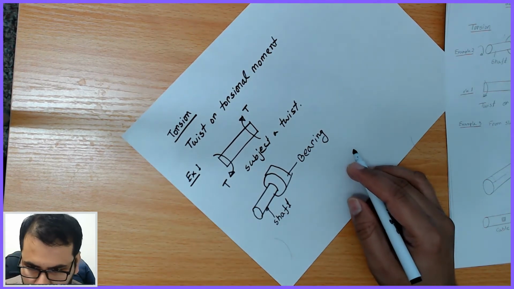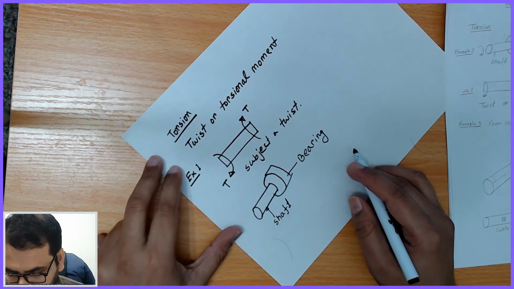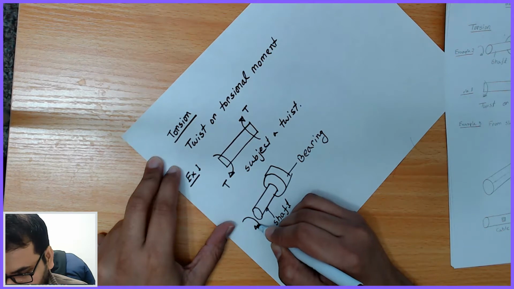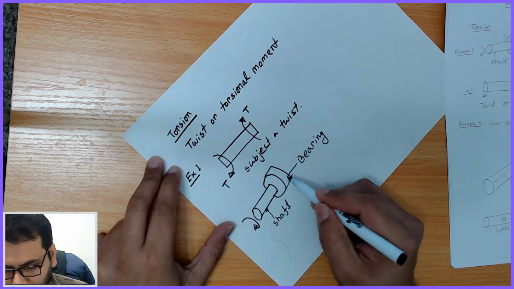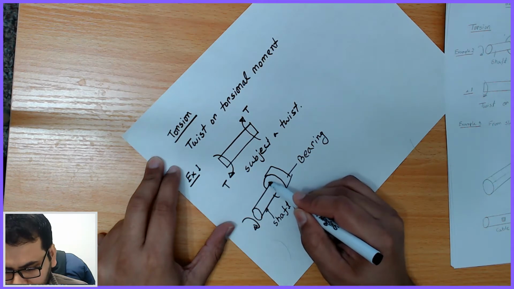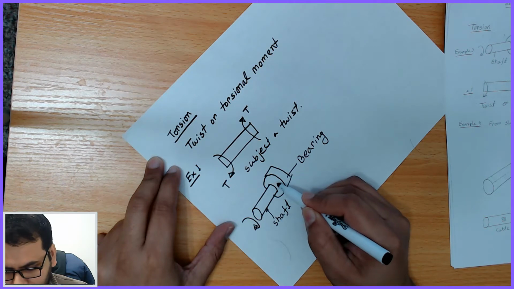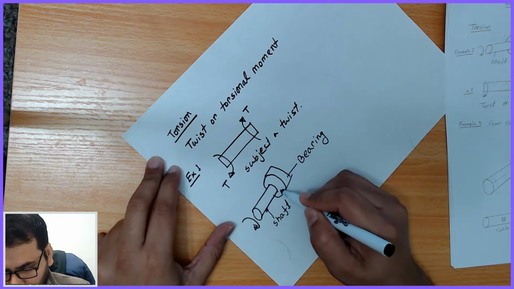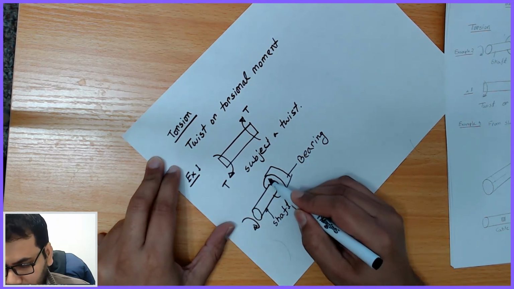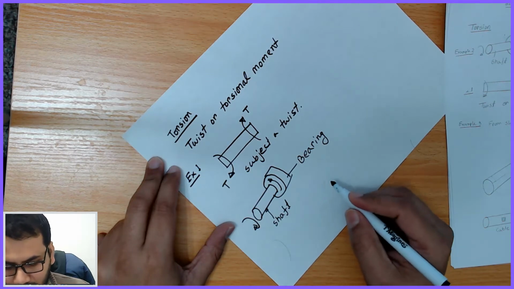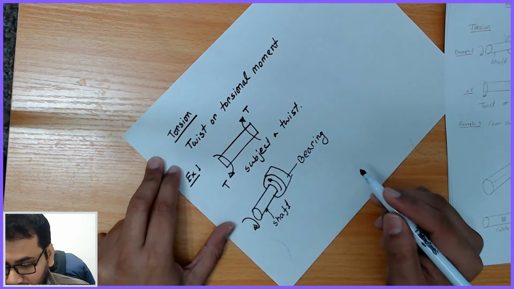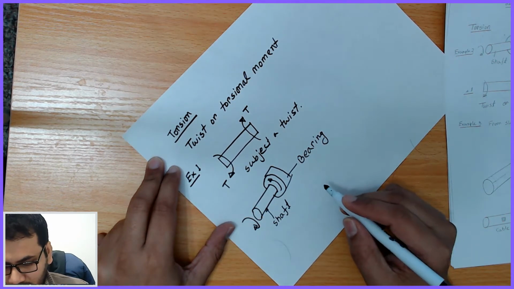Okay, now this shaft is rotating in this direction, and the bearing will try to oppose this rotation. As a result, this shaft experiences a twist.